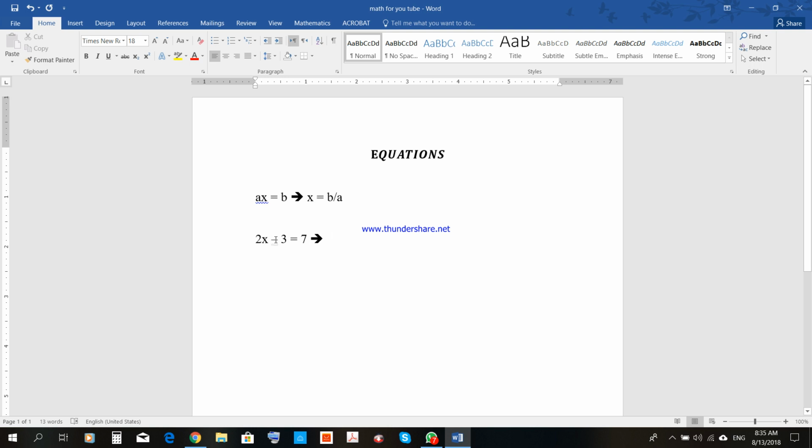But don't forget to change the sign. If you take the numbers to the right of equal, you must change the sign. It becomes 2x equal 7 plus 3.